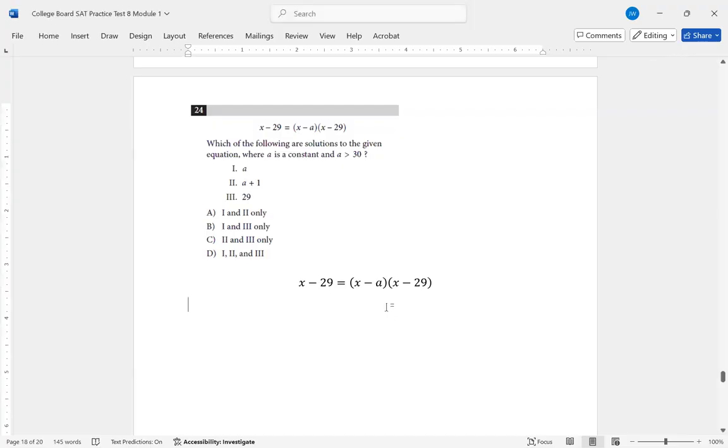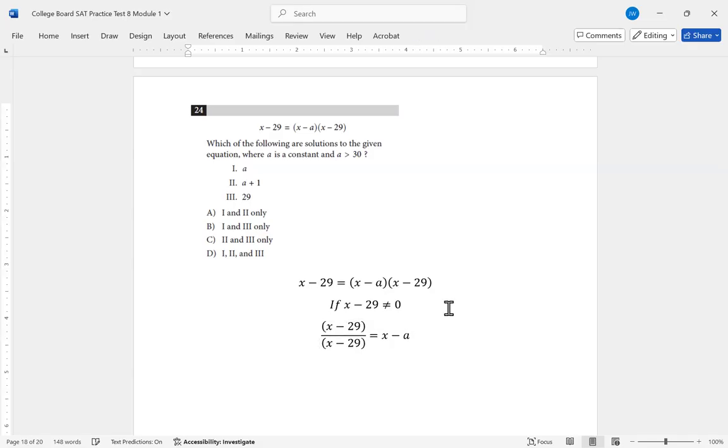So basically we have two options. First off, if x minus 29 is not equal to 0, then I can divide both sides by x minus 29. So in that case, what I would get on the left is x minus 29 divided by x minus 29. And on the right, if I divided by x minus 29, I would cancel out this common x minus 29, so I'd just be left with x minus a.